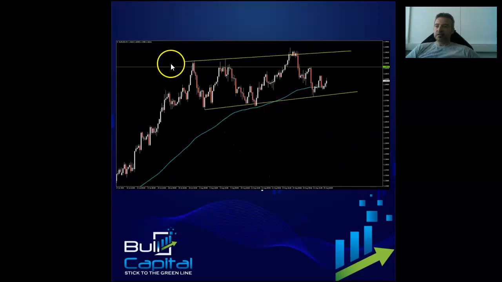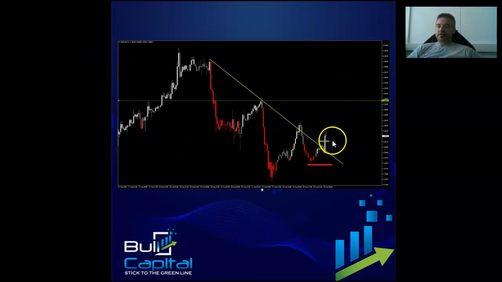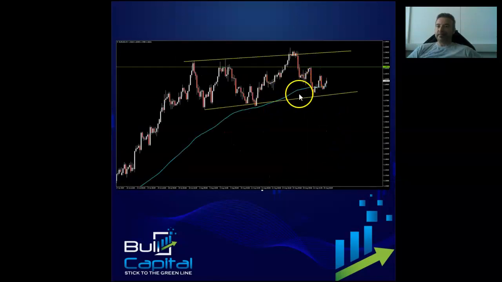This is also, this is the 4-hour chart. This is also my confirmation for why I entered this trade. You see here this channel. This channel in the longer term is actually bearish, but it's still very likely that it will reach this level. We are inside the channel.